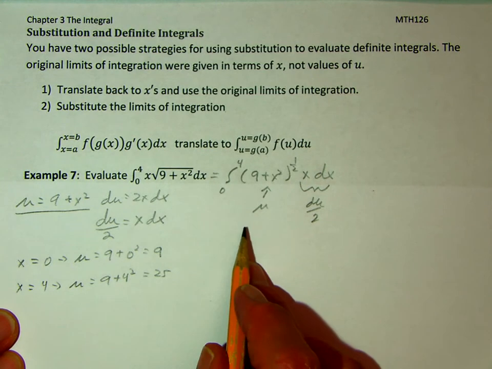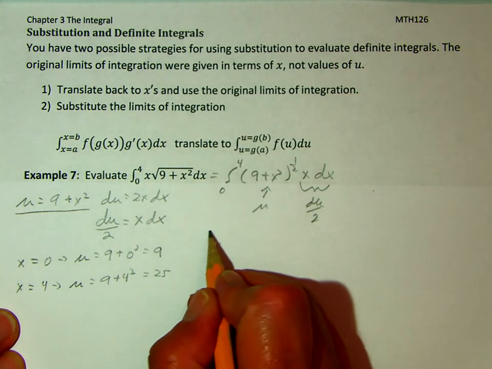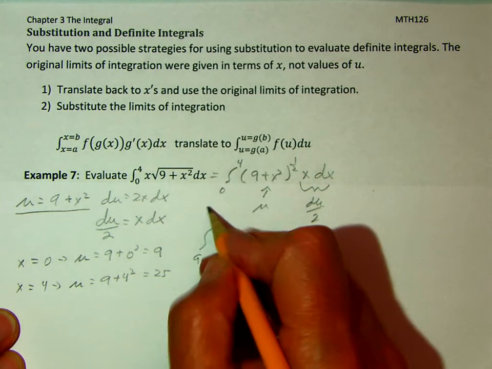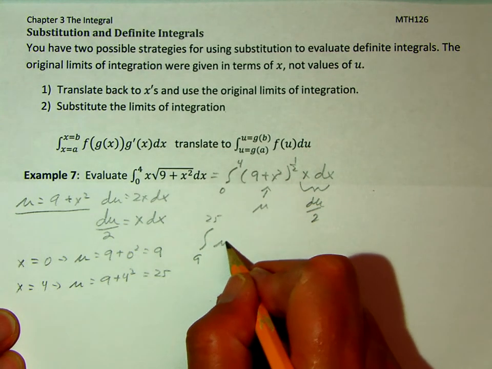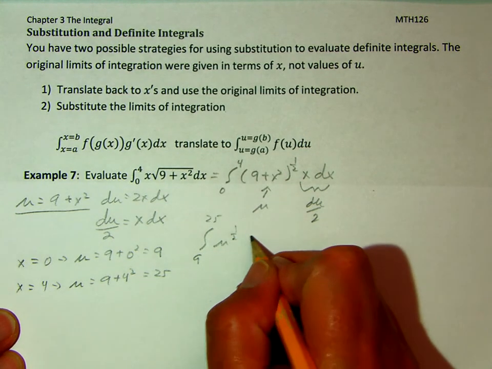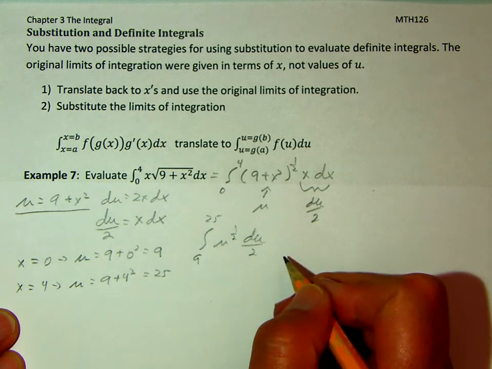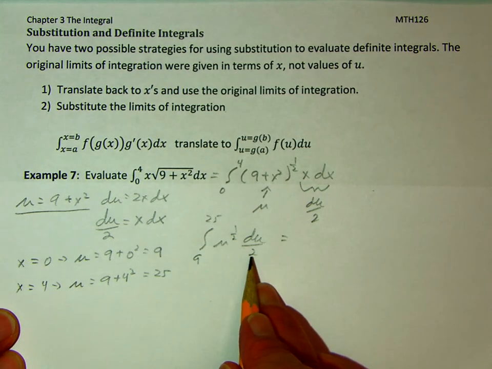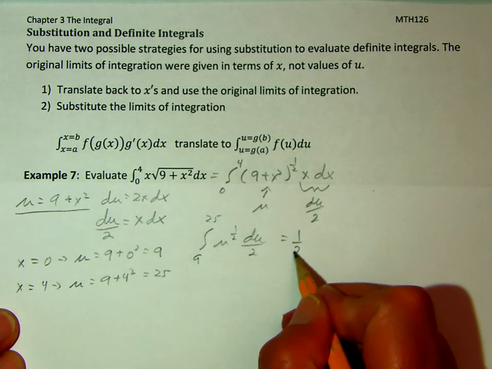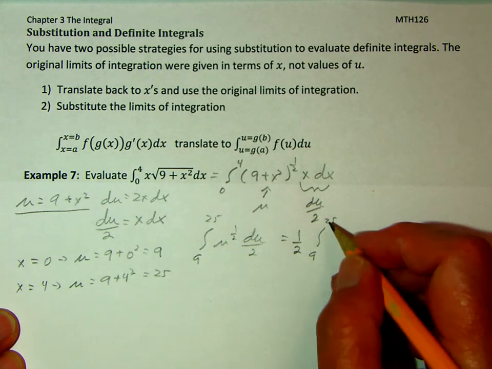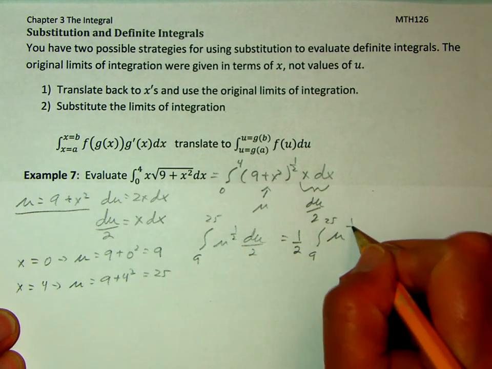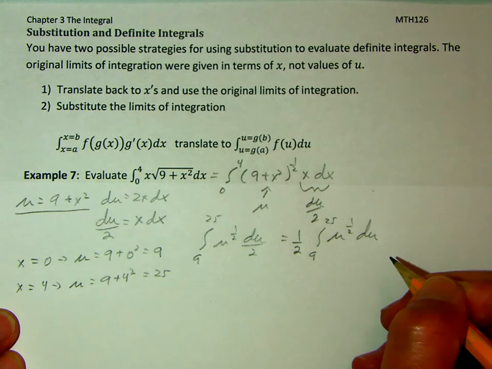So when I do my substitution, I now have the integral from 9 to 25 of u to the 1/2 du over 2. So I'm going to pull this 1/2 out. That would be 1/2 the integral from 9 to 25 u to the 1/2 du.